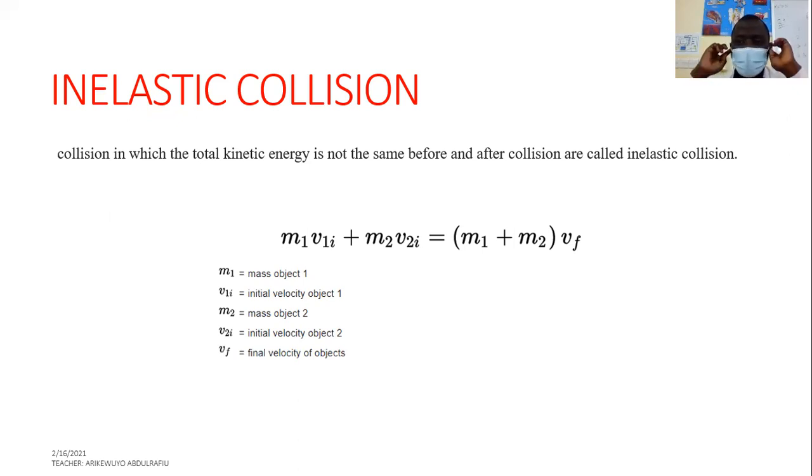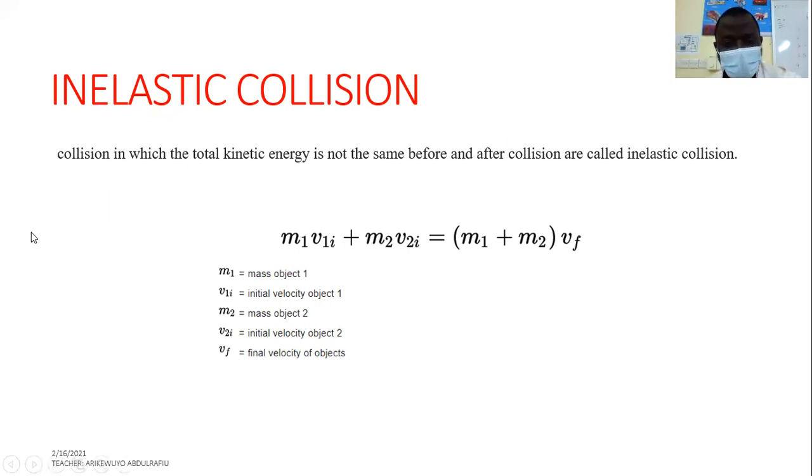Now, what do we mean by inelastic? Where you have two things colliding, but after the collision, they stick together and move with the same velocity. Do you understand? When we talk about elastic collision, we say that after the collision, they separate. But in inelastic, after the collision, they move together with the same velocity.